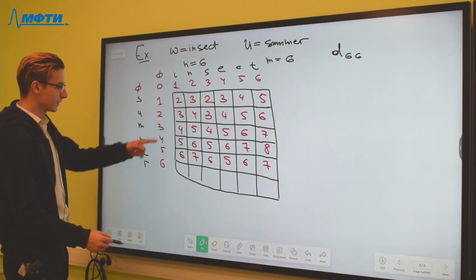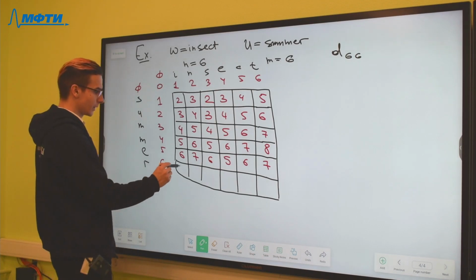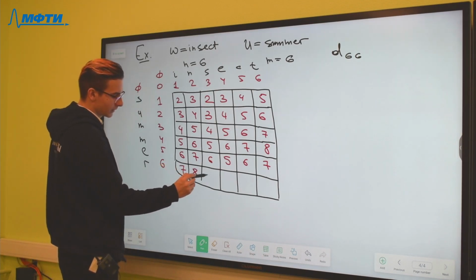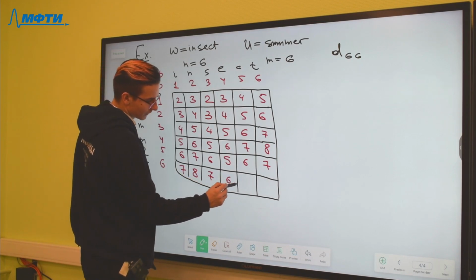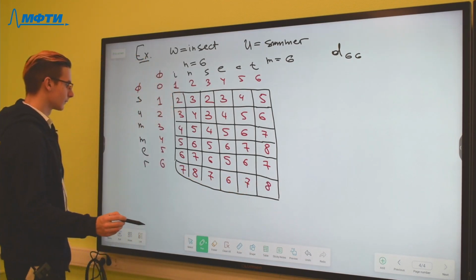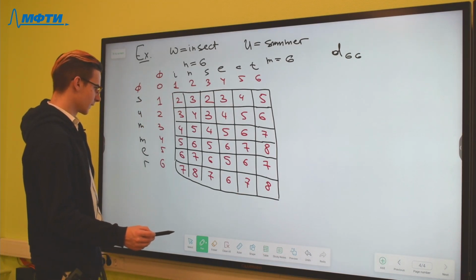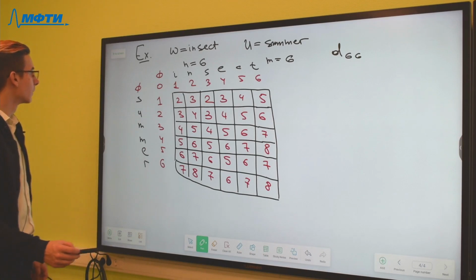Then R is not equal to all of these characters too. So we write here 7, 8, 7, 6, 7, 8. Sorry. Oh. 7, 8, yeah.